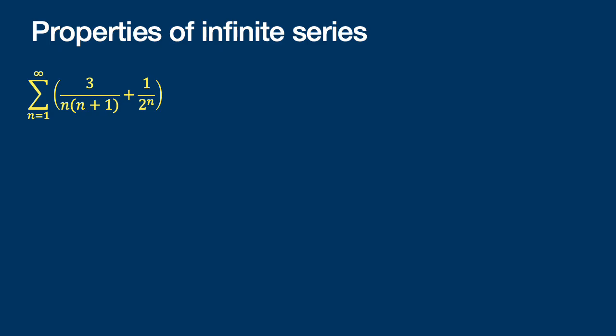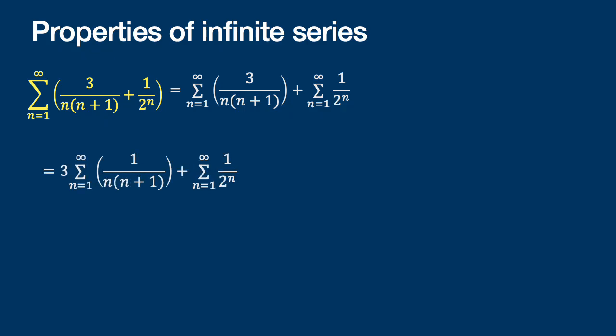So you're going to separate this infinite series into two different infinite series. For the first infinite series, we find the sum. For the second, we also find the sum. The first infinite series is going to be telescoping. The second is going to be a geometric series.